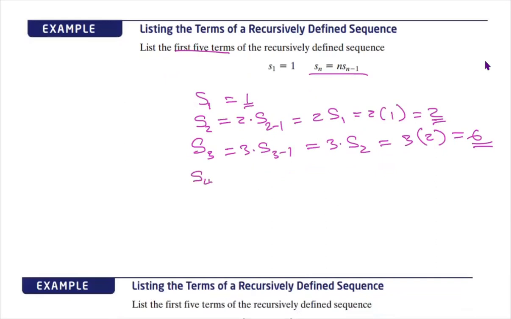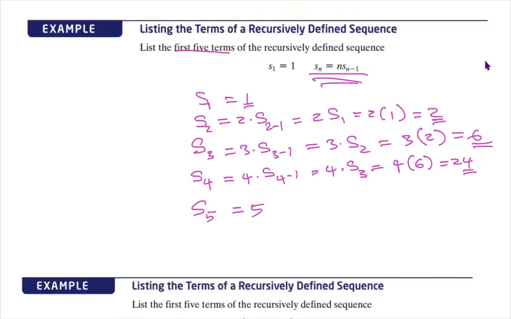S4 is, by definition of Sn, 4 times S4 minus 1, which is 4 times S3. S3 is 6, so 4 times 6 equals 24. We just found S4. S5 is, by definition of Sn, 5 times S5 minus 1.